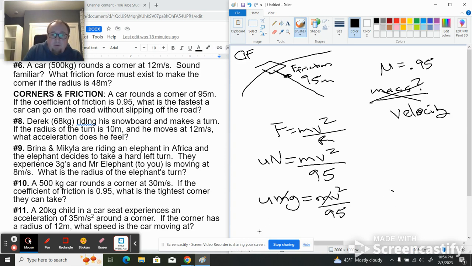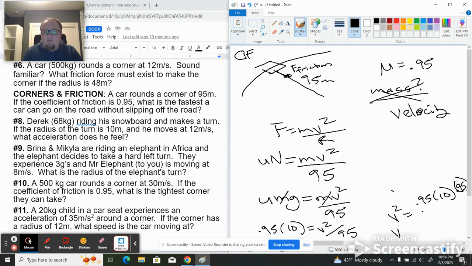So I got 0.95 times 10 equals v squared over 95. So I got v squared equals 0.95 times 10 times 95. So we got v squared equals, I'm going to solve this one out, 903.